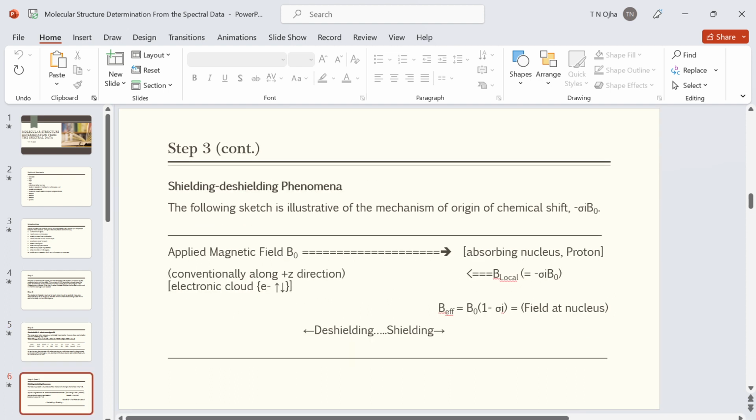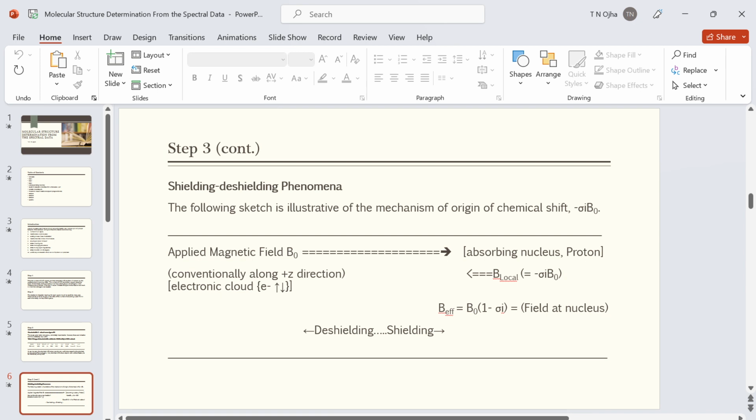Step 3 continued. The concept of shielding and de-shielding. The following sketch is illustrative of the mechanism of origin of chemical shift. Negative sigma i B0. In this, sigma i refers to the screening constant of the ith nucleus and B0 refers to the applied magnetic field.